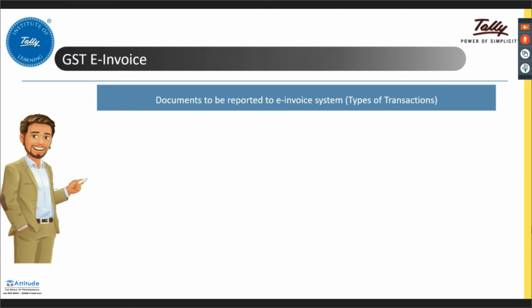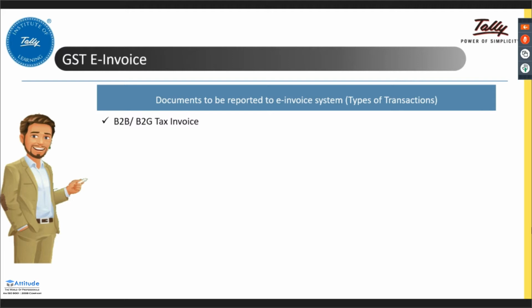Okay, what type of transactions, that is, which documents are to be reported into the e-invoice system? The transactions for which we must mandatorily issue an e-invoice are, firstly, B2B transactions, that is business to business, and B2G, that is business to government. So any tax invoice we issue to a B2B, that is from one registered dealer to another.